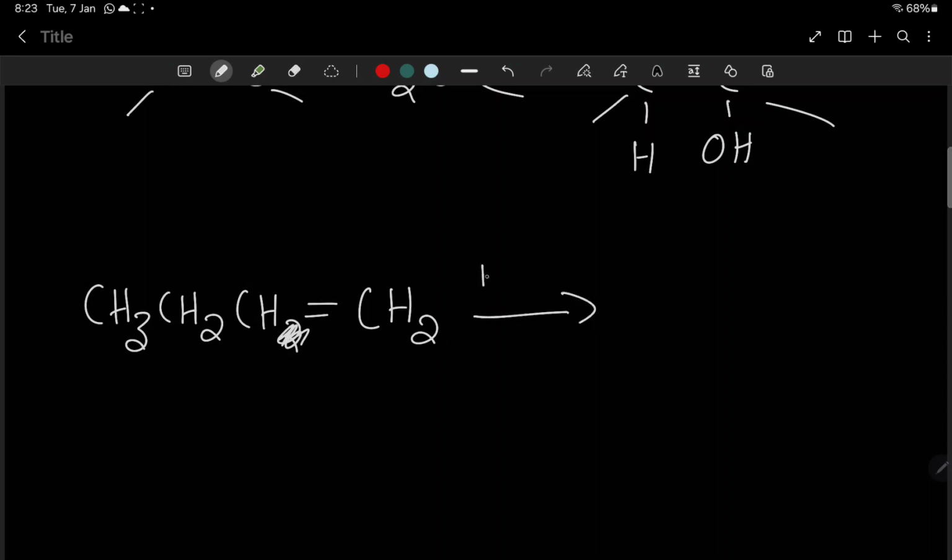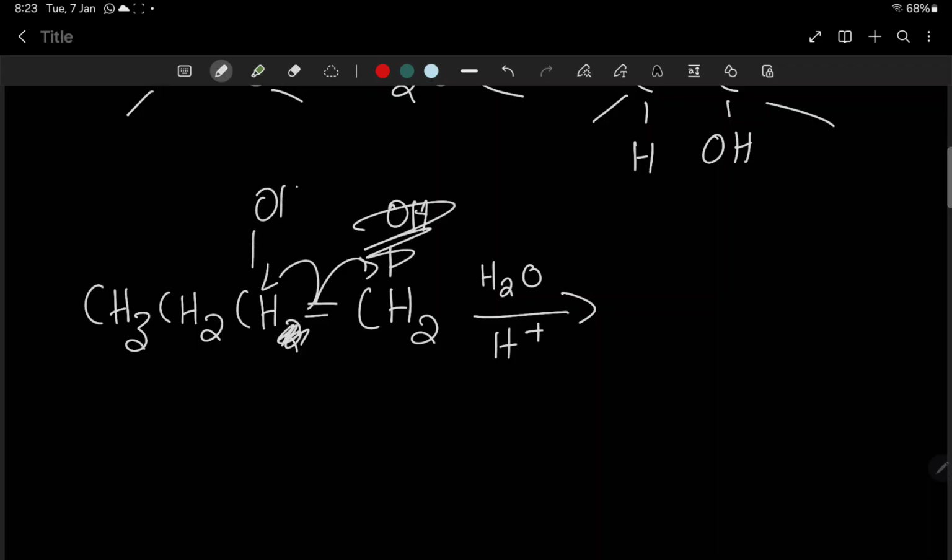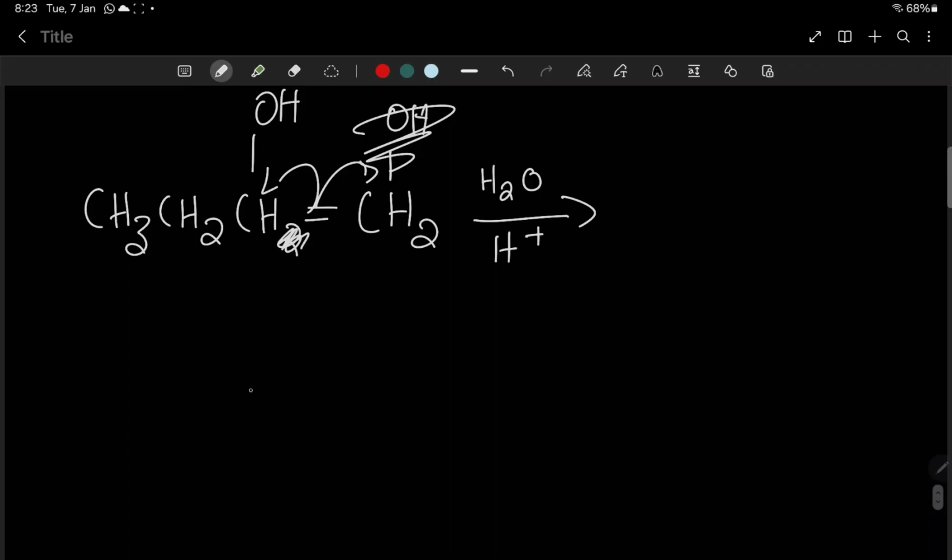Now if I am adding water in presence of H plus, there's a confusion. This should go here and OH should be coming here, or this should go here and OH should be coming here. What happens? According to Markovnikov rule, OH should be attached to the carbon with a more number of substituent groups. Or it's very simple, I am just telling you a trick: attached to the carbon with a lesser number of hydrogen.